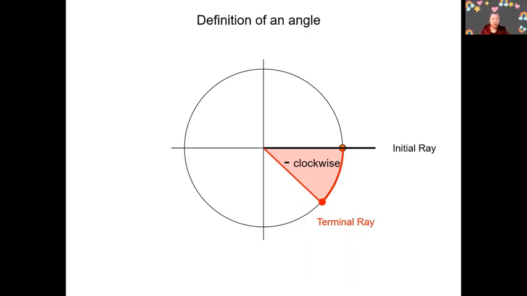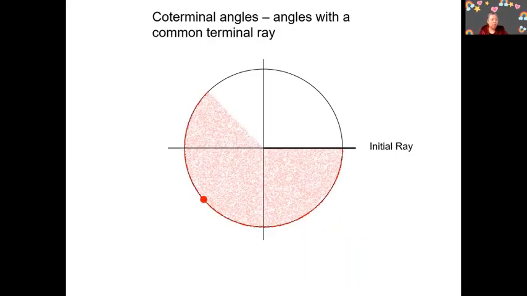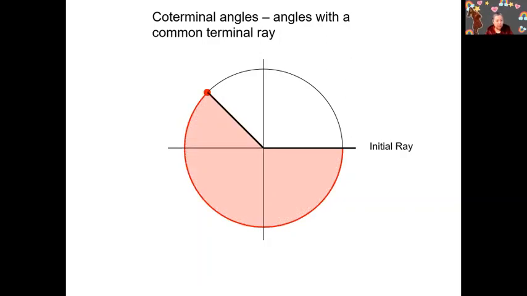Once again, if we have a big angle, greater than 180, and we go from the initial ray all the way to the final ray clockwise, then whatever the angle measure is, it's negative.